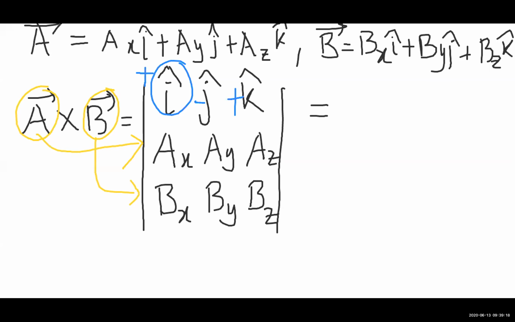You again go back to the top left-hand element and write its value. You open up a bracket. You draw an imaginary horizontal line and a vertical line through this element.